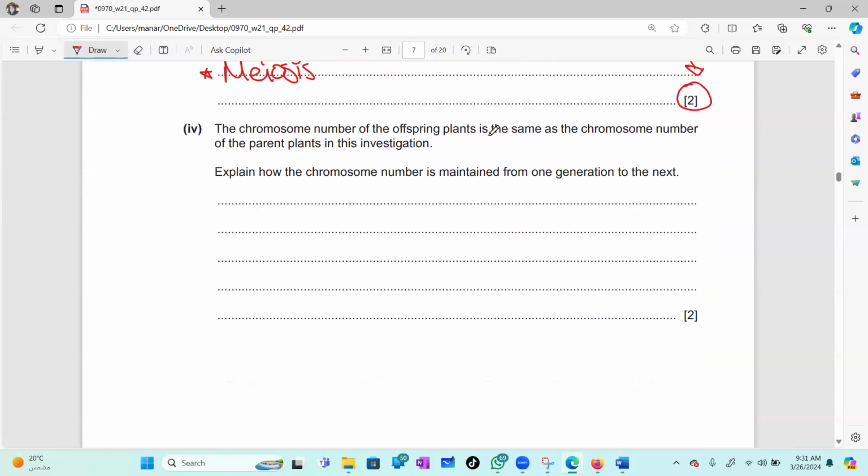Now, the chromosome number of the offspring plant is the same as the chromosome number of the parent plant in this investigation. Explain how the chromosome number is maintained from one generation to the next. Now they're talking about this specific investigation, sexual reproduction. So they're talking about meiosis or mitosis.